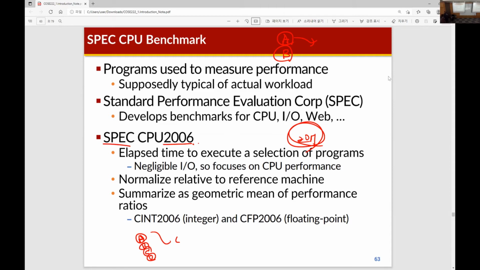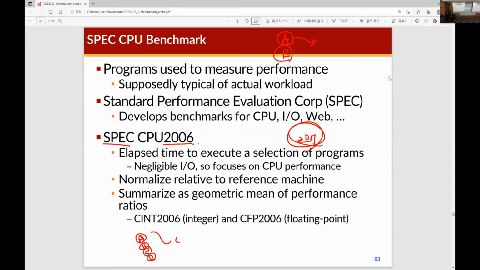Actually, there are many different kinds of benchmarks. For example, if you want to measure the performance of machine learning applications, then you can use a machine learning benchmark suite like MLPerf. This SPEC benchmark is the traditional benchmark suite.